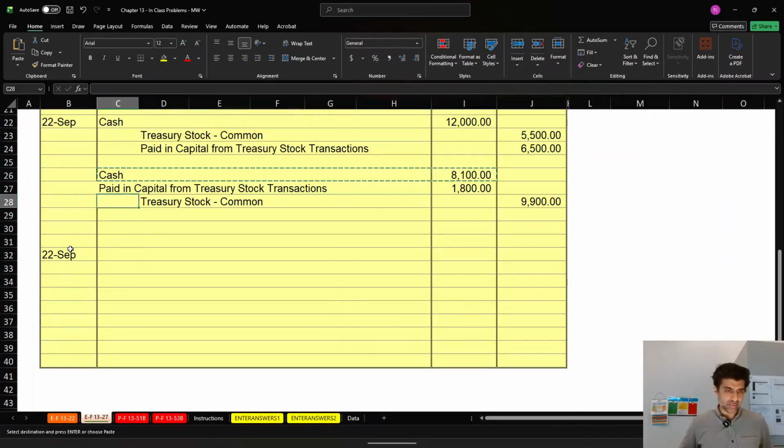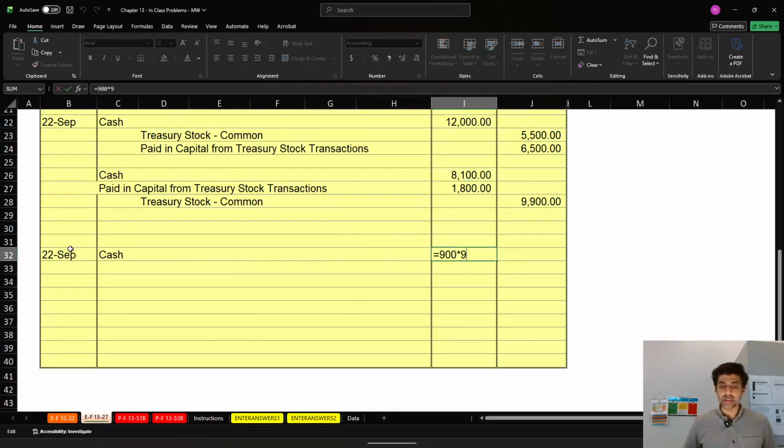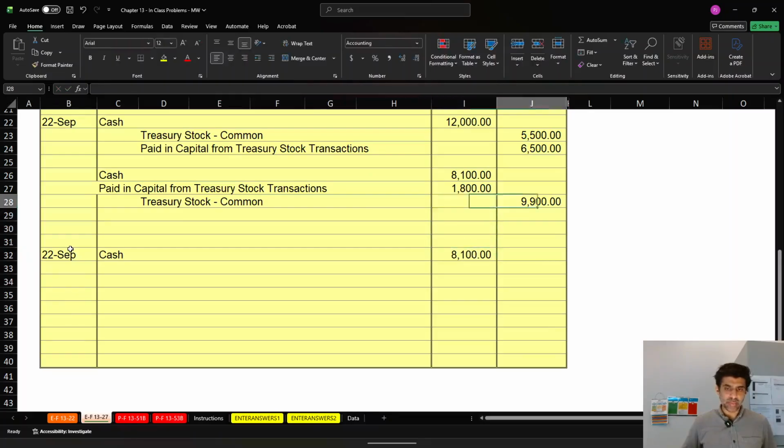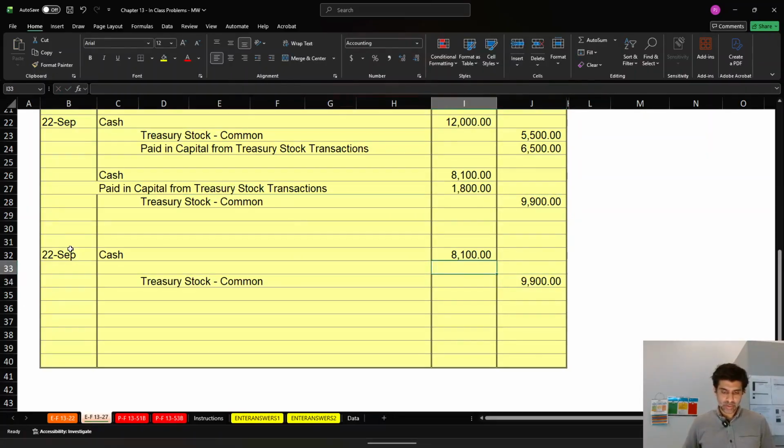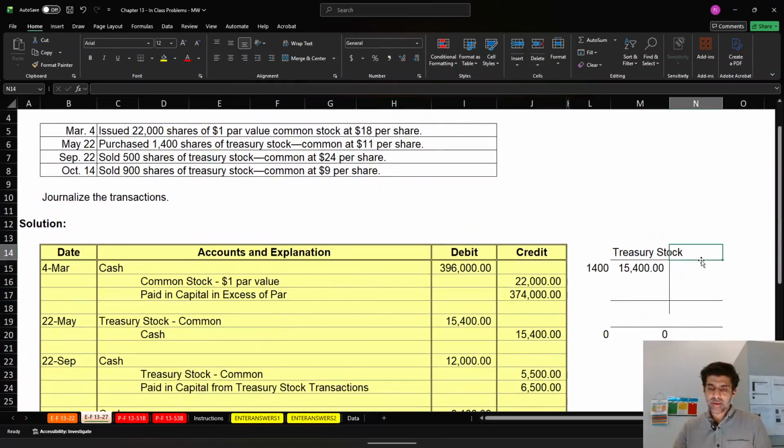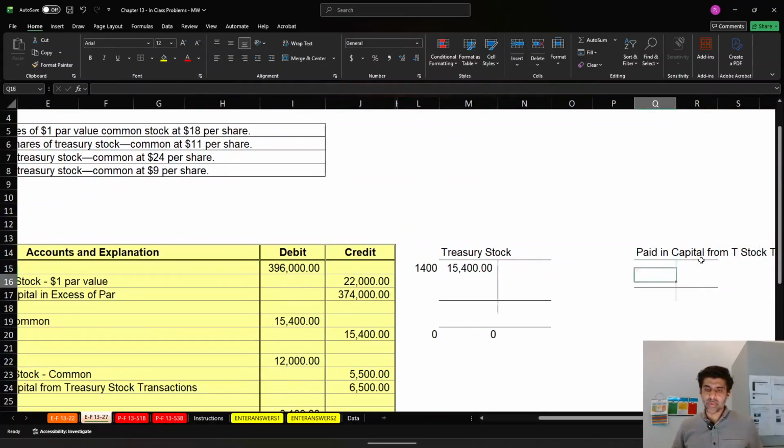We're still going to get this much cash. Remember, it is just 900 shares times $9. This is going to be the same because we still bought them for $11 each. This amount is going to be the same, but since we don't have any balance here, what are we going to do?